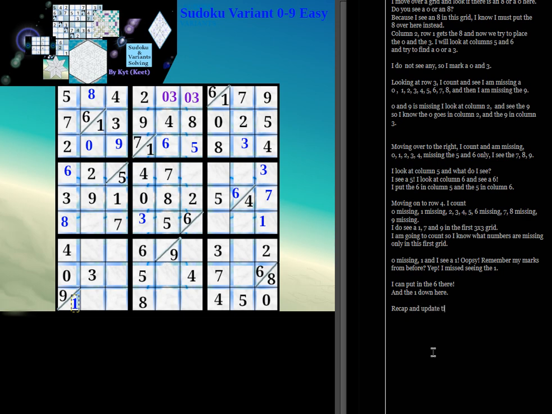Recap and update time. I am missing for real this time the 0, 1, 8, 9. And in the first 3x3 grid, I need a 0 and 4.